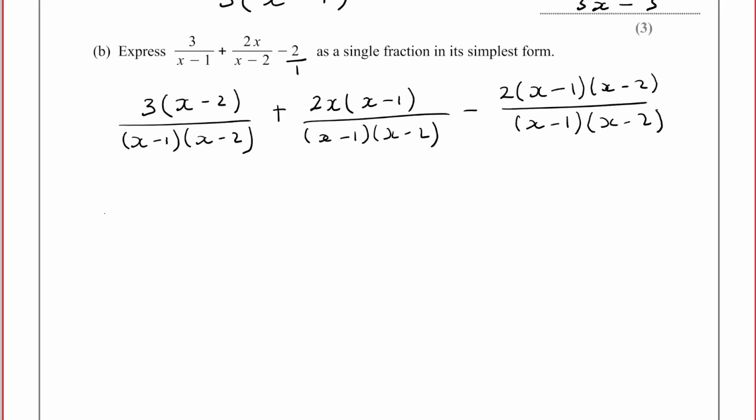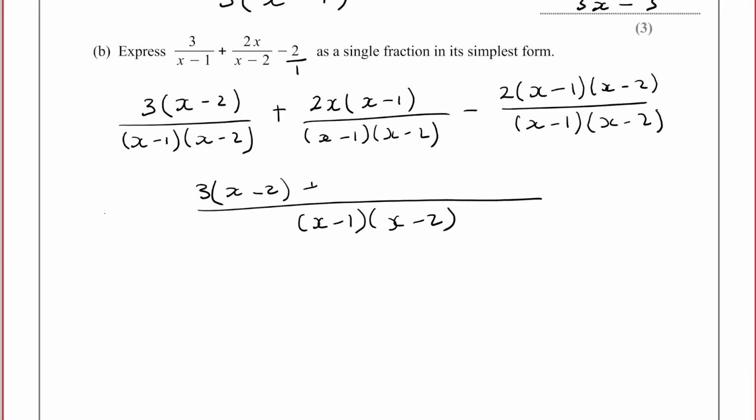So now all of the denominators are the same. We can make it into a single fraction. So we've got 3 times (x minus 2) plus 2x times (x minus 1) minus 2 times (x minus 1) times (x minus 2). So now it's just a case of expanding brackets.